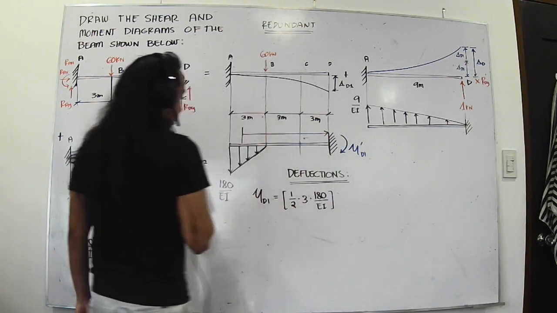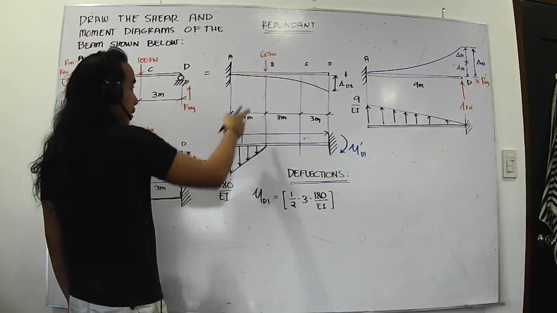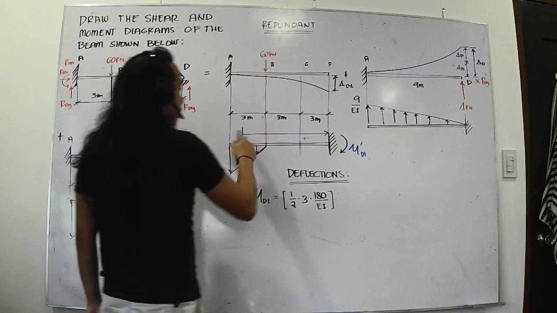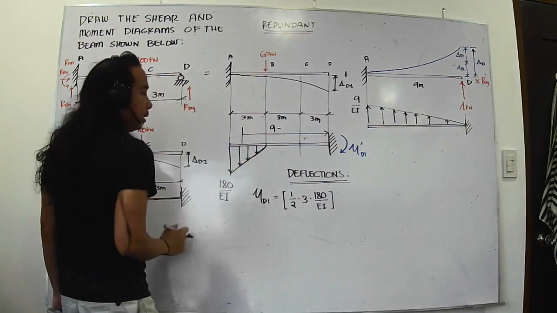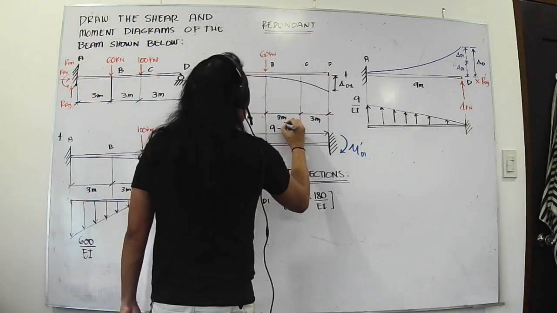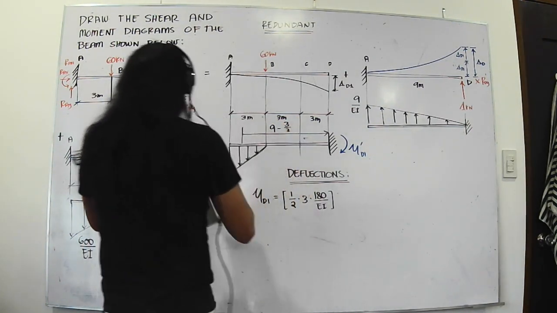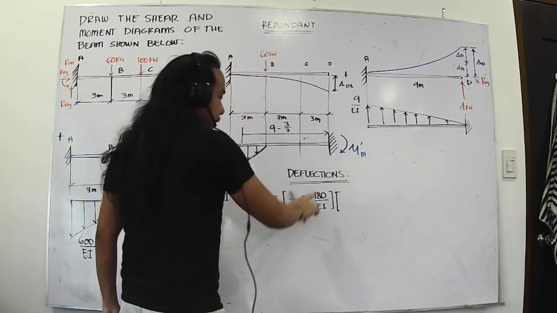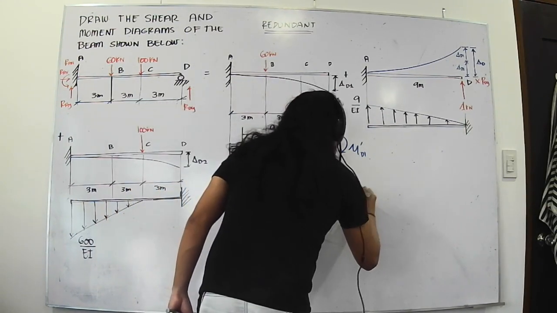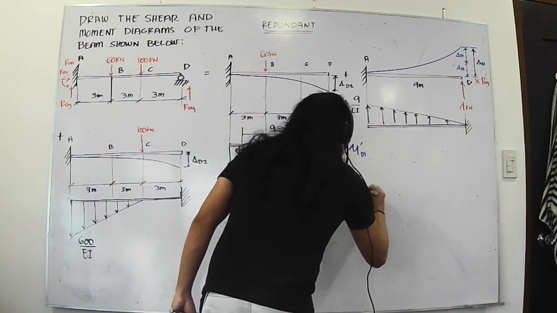How much is that? 9 man siya tanan diri, minus kini ang kumingking. Pila man na siya? 3 over 3. Ba? So, ano na siya dayon? Force times moment arm. So, 9 minus 3 over 3. Okay?